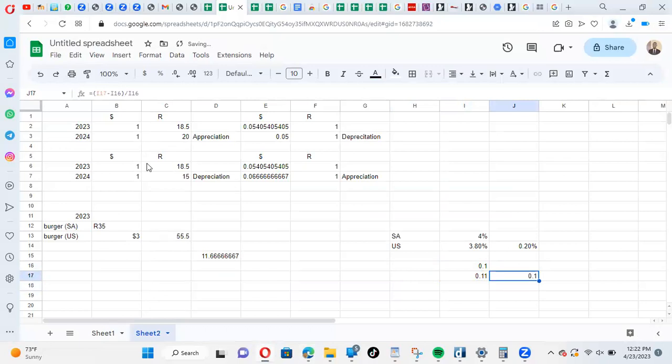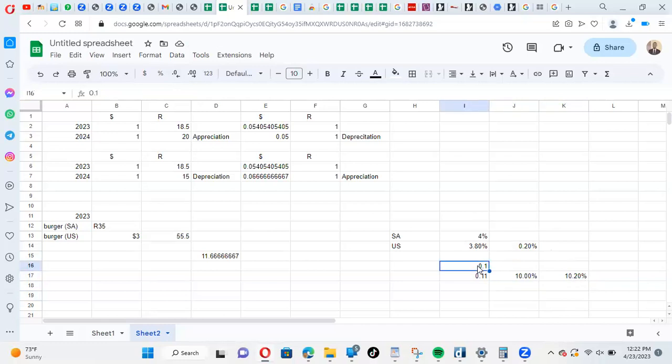So the percentage increase there is 0.1, which is 10%. So in the end, what are you gaining? Your gain is the initial amount plus that, which means your gain is going to be 10.2% at the end of the day.